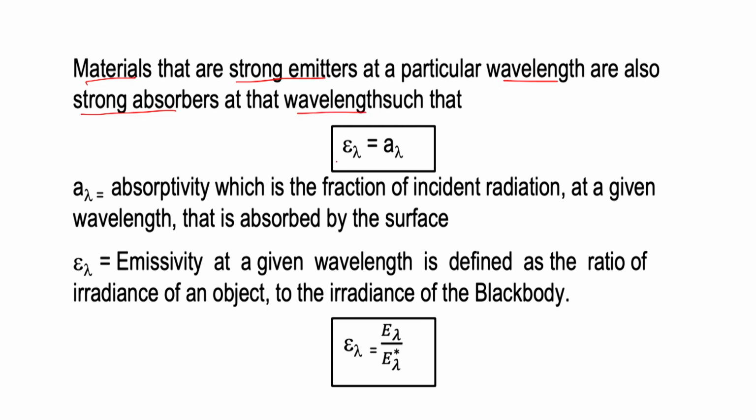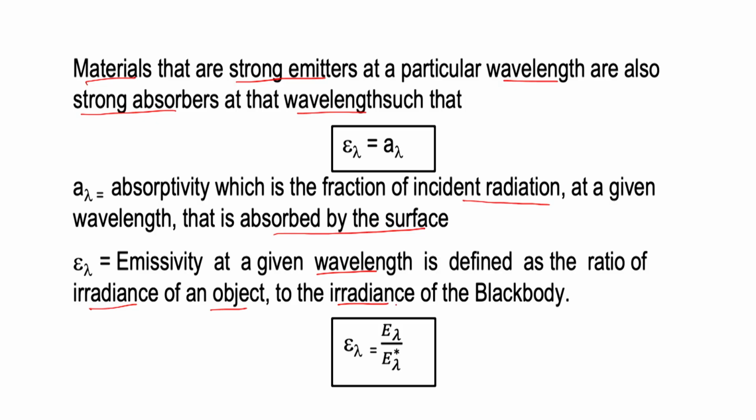So we have to consider epsilon lambda equals alpha lambda, where absorptivity is the fraction of incident radiation that is absorbed by the surface. Emissivity at a wavelength is defined as the ratio of the irradiance of the object to the irradiance of the black body.